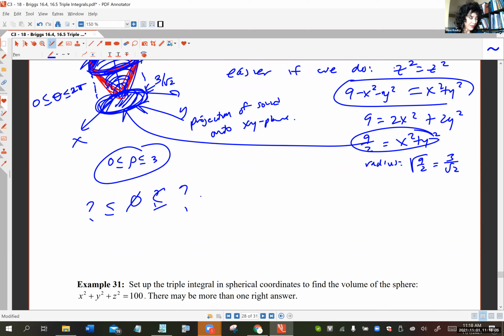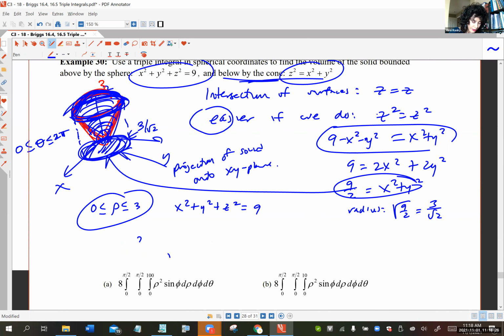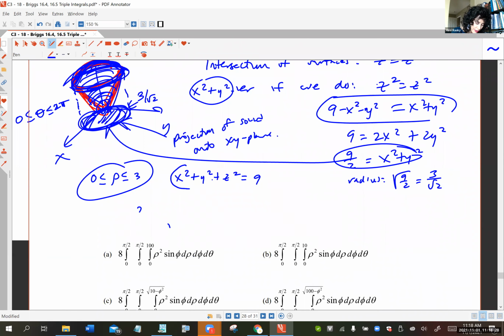So how do you get it? First, I'm going to do this kind of slowly so you can see where this logic is. We have x squared plus y squared plus z squared equals 9. But then we know, based on the cone, that x squared plus y squared is z squared also.